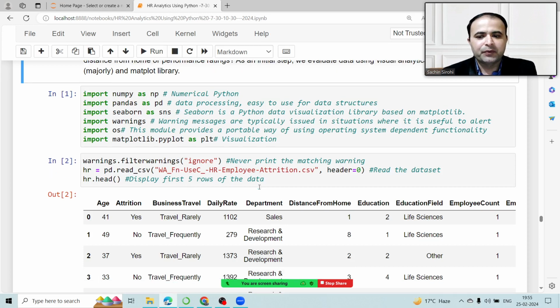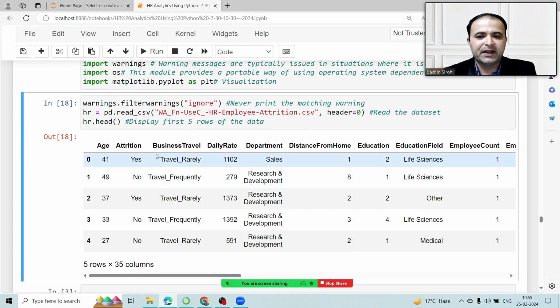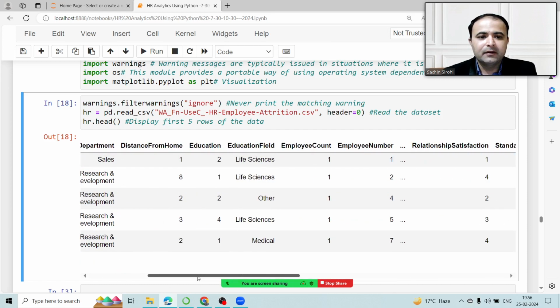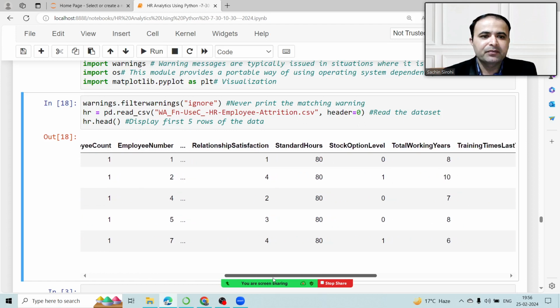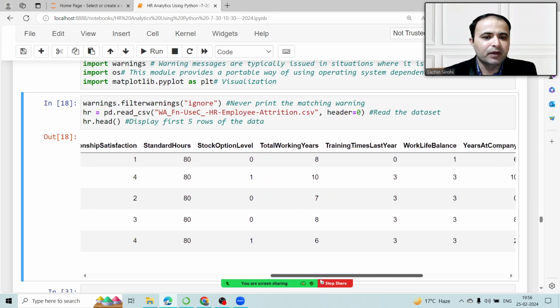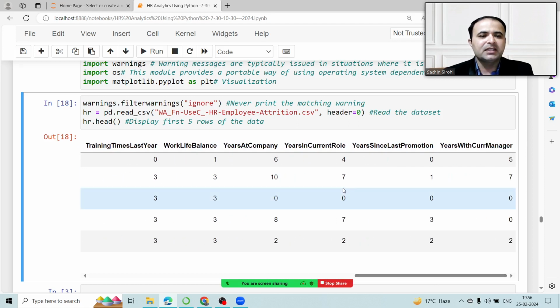Whenever we load this data, you can see we have the employee data: age, attrition, business travel, daily rate, department, distance from home, education, education field, employee count, employee number, relationship satisfaction, standard hours, stock option level, total working years, training times last year, work-life balance, years at company. Basically, these are the information of the employees.